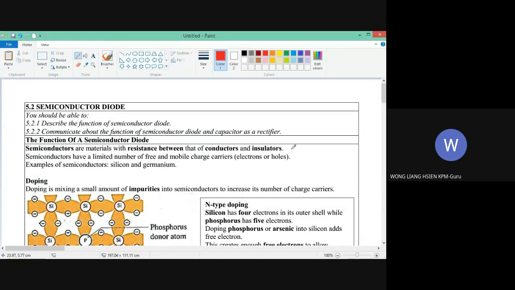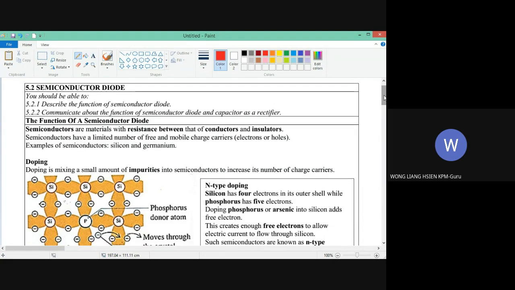Okay, 5.2 semiconductor diode. All right, so the first thing that we want to learn here is the function of a semiconductor diode. But of course, before that, we have to learn what is a semiconductor diode, and even before that, we need to learn how the semiconductor diode functions.